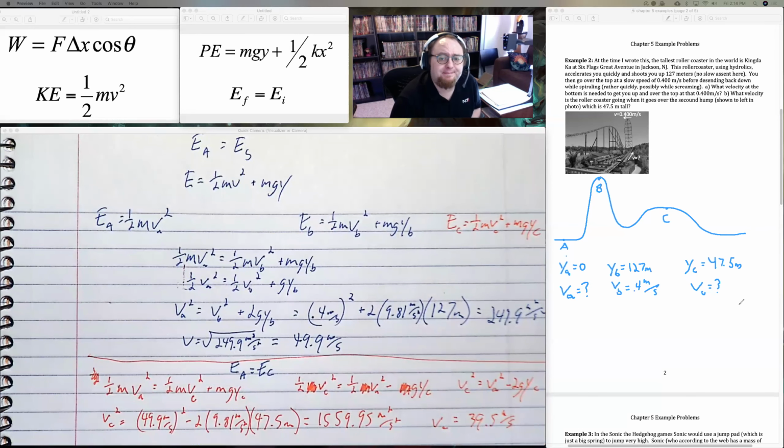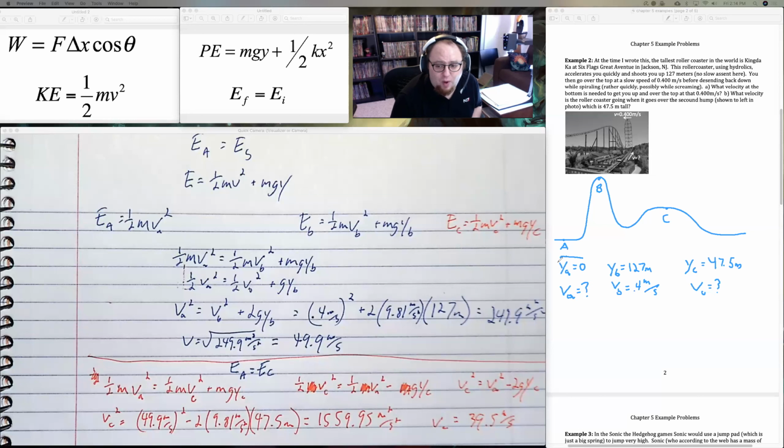Questions? Yeah, I'm just confused as to why the equations for A, B, and C are all different or similar but different. Well, B and C are identical. It's just I said one is V sub B, one is V sub C. A is really also the same equation.